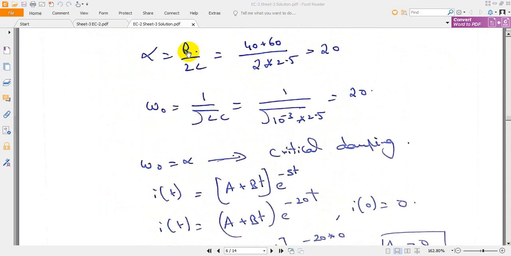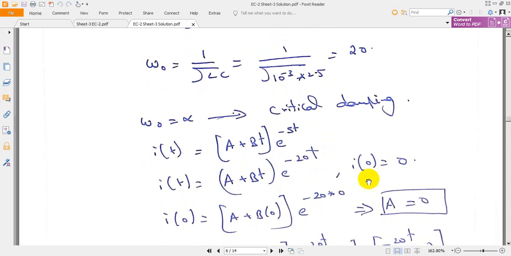If you observe, the alpha and omega naught are equal, and this forms the root of the system. So we can write it as I of t is equal to a plus bt into e power minus st, where s is the same value what we got here. Substitute the value here, you will get it as a plus bt e power minus 20t.